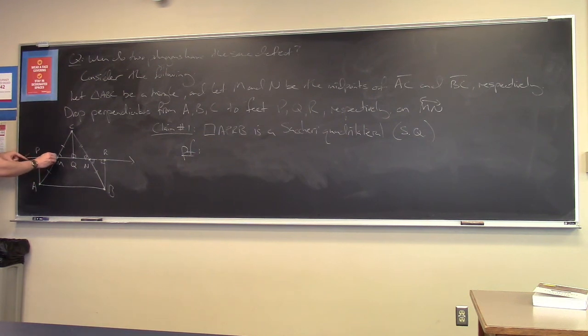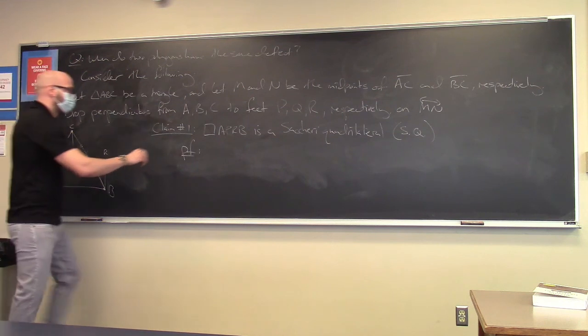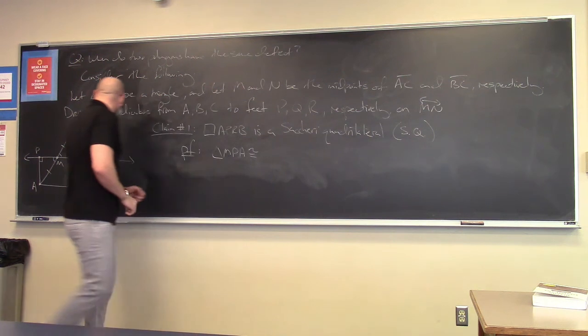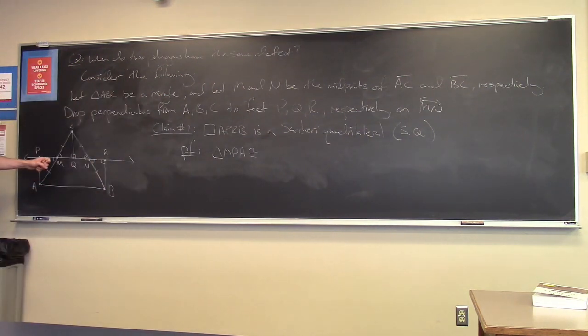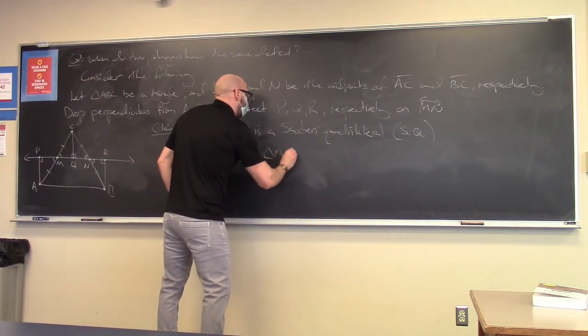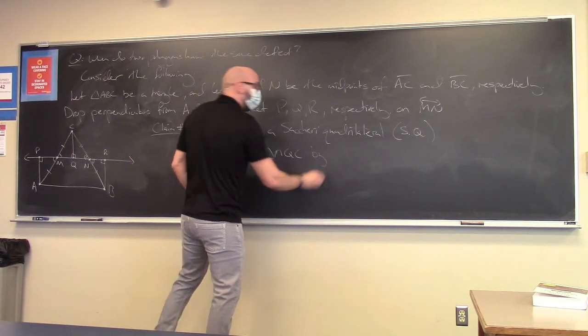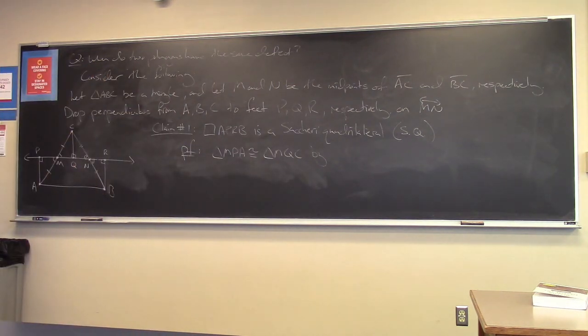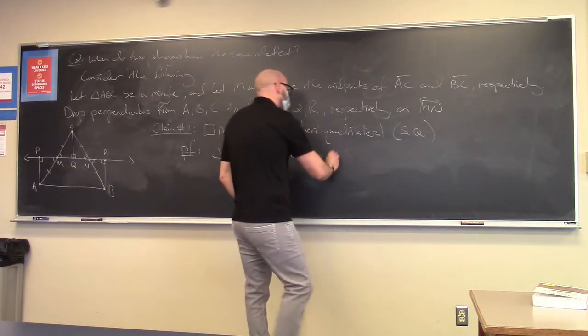This triangle MPA, my claim is that it's congruent to triangle MQC. Again, by a congruence condition we don't often invoke, but I have to invoke it here. I've got AAS. So these are congruent by AAS.